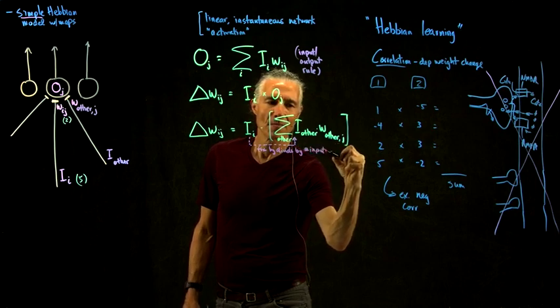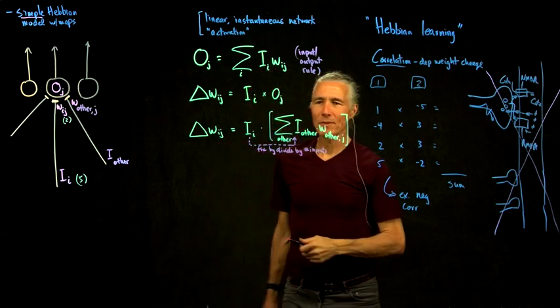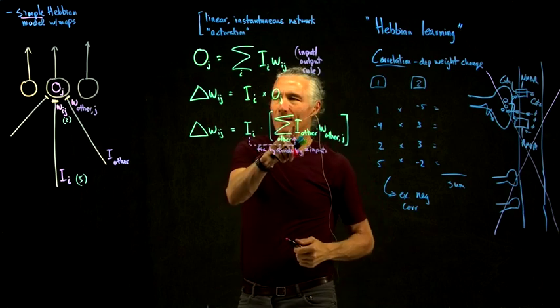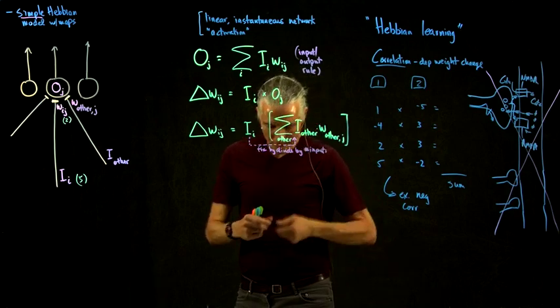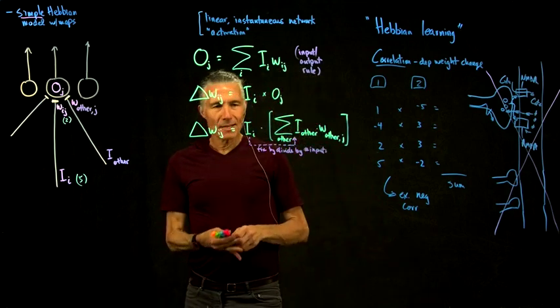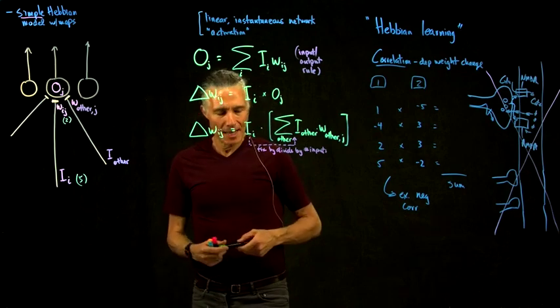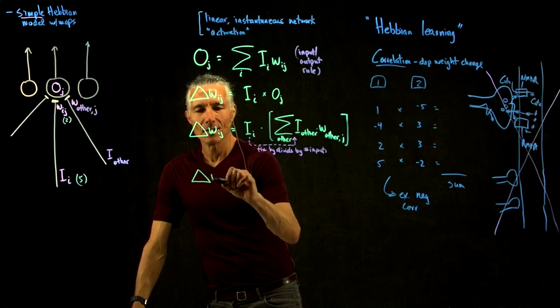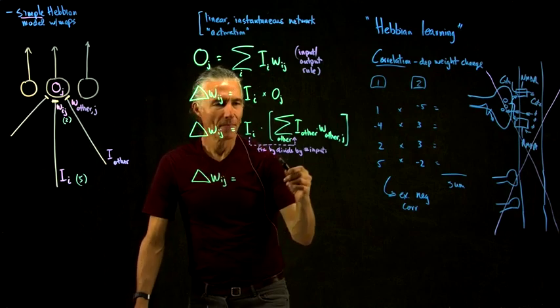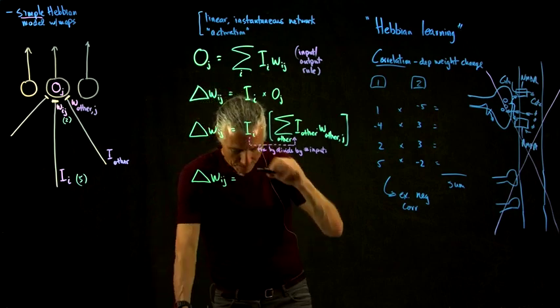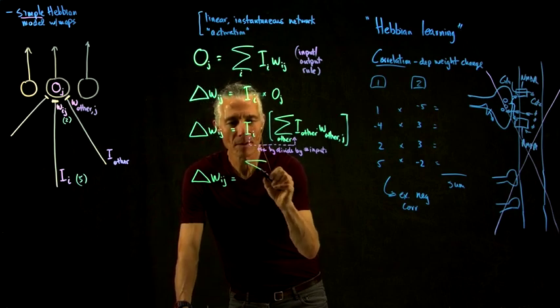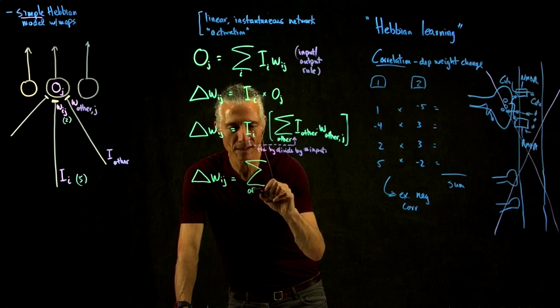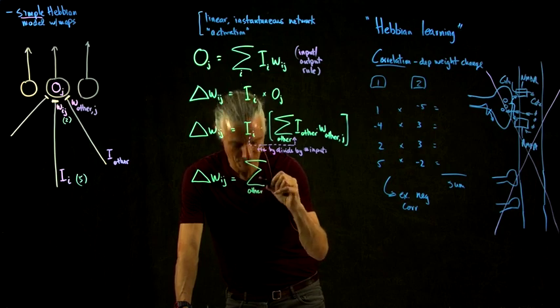So if I divide this whole mess by the number of inputs and then insert this guy into the summation sign, then we can get a feeling for how this update rule works. Basically, it works as the sum over all the other units, which includes I, but I is only 1 in 1,000, say.